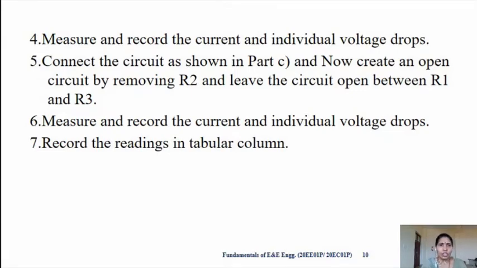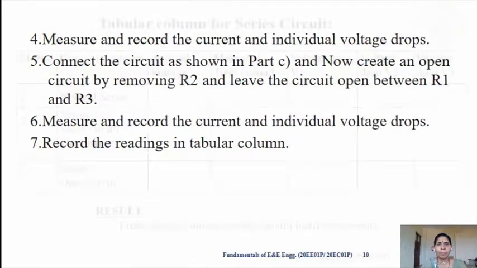Next, connect the circuit as shown in part C, that is the open circuit condition. Now create an open circuit by removing R2 and leaving the circuit open between R1 and R2. Measure and record the current and individual voltage drops. Finally, record the readings in a tabular column.